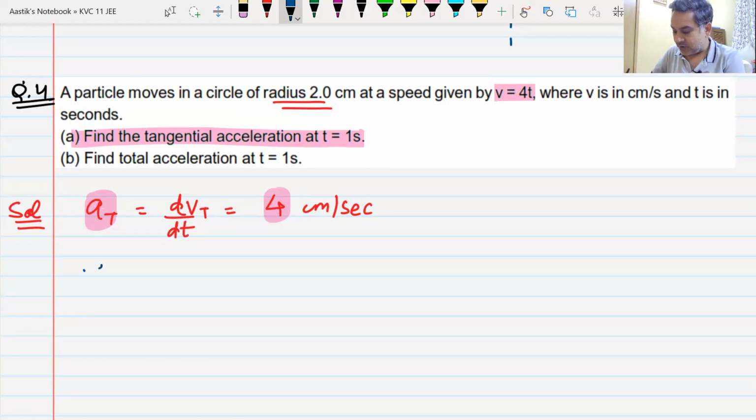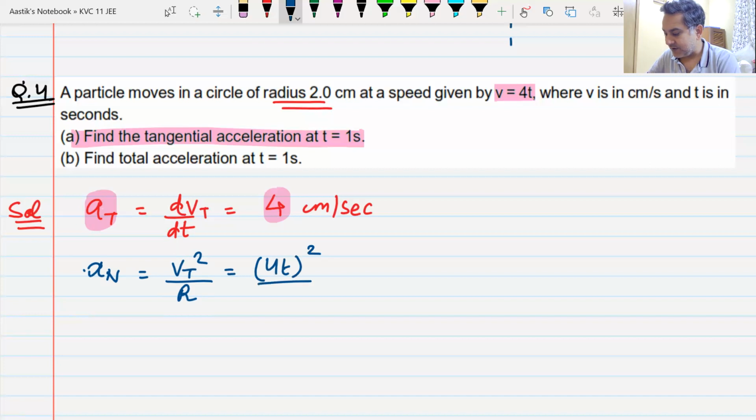How do you get the value of normal acceleration? Normal acceleration is V tangential square by R. Do we understand this, or has this gone above our heads? So it will be 4t whole square divided by R, so that is 16t square by R. You put the values, you get the answer.